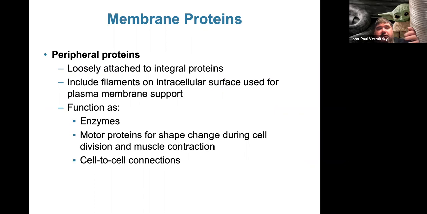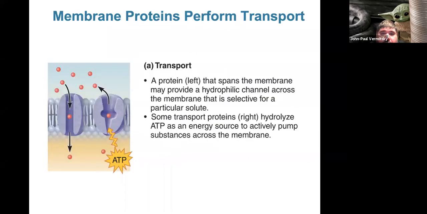Peripheral proteins are loosely attached to integral proteins. They include filaments on the intracellular surface, which are used for plasma membrane support. They function as enzymes, motor proteins for shape change during cell division and muscle contraction, as well as cell-to-cell connections.